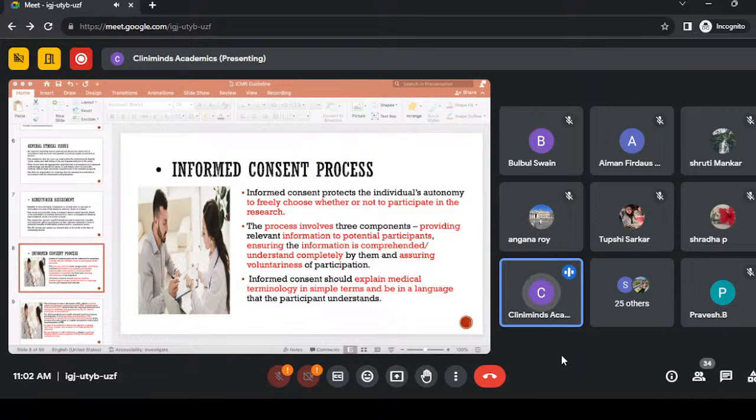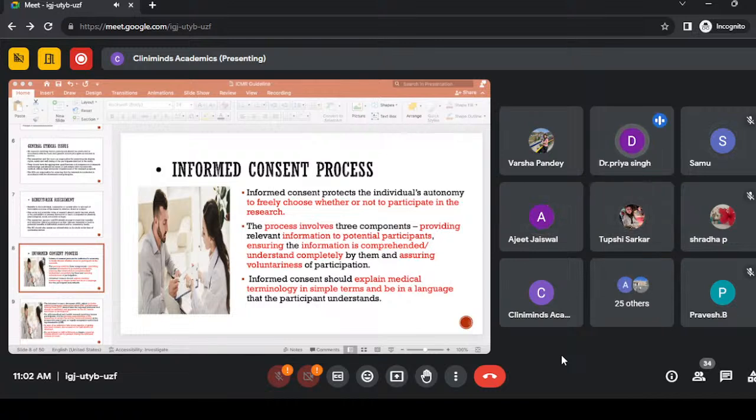The first thing that we do is take the informed consent, and once the patient agrees to take part in the research, how is that agreement considered? Is it oral or written? What do you think? Written. Signature. Document. Signed and written.